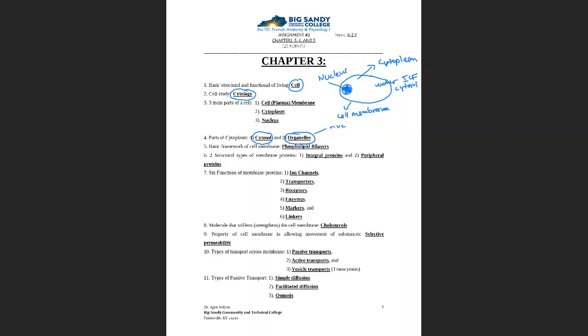So nucleus, then we have ribosome, there is RER, SER, there is Golgi apparatus, there is lysosome, there is proteasome, there is peroxisome, and cytoskeleton.